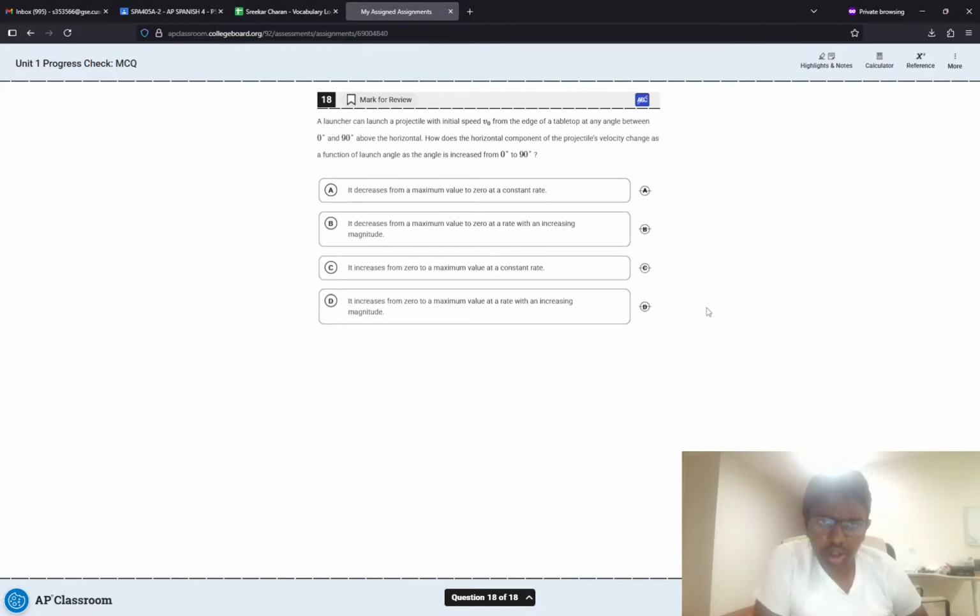A launcher can launch a projectile with initial speed at the edge of a tabletop at any angle between 0 and 90.